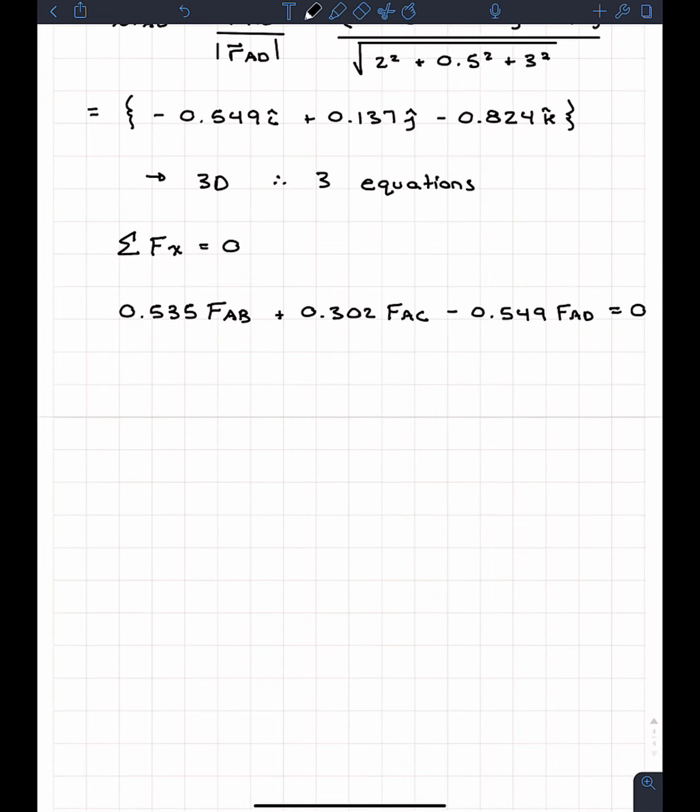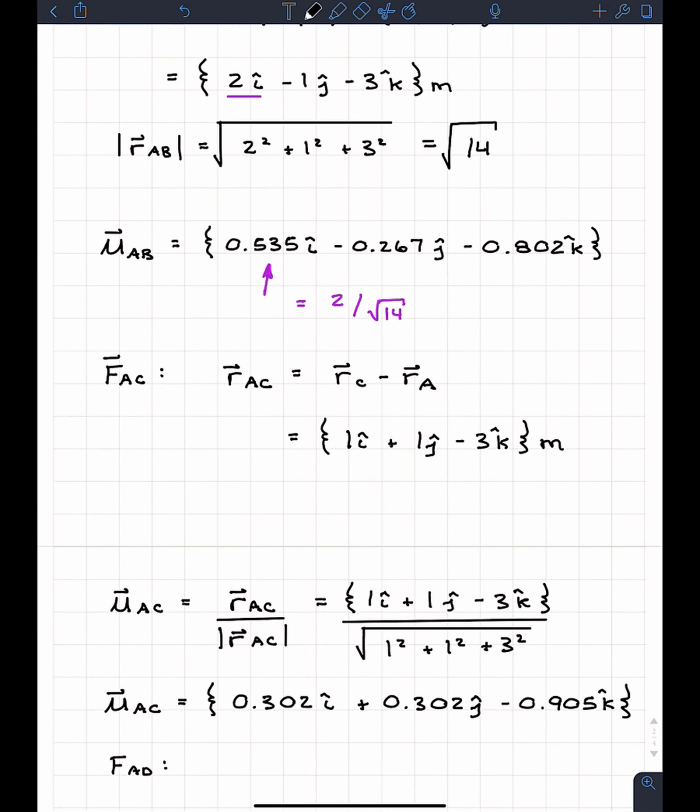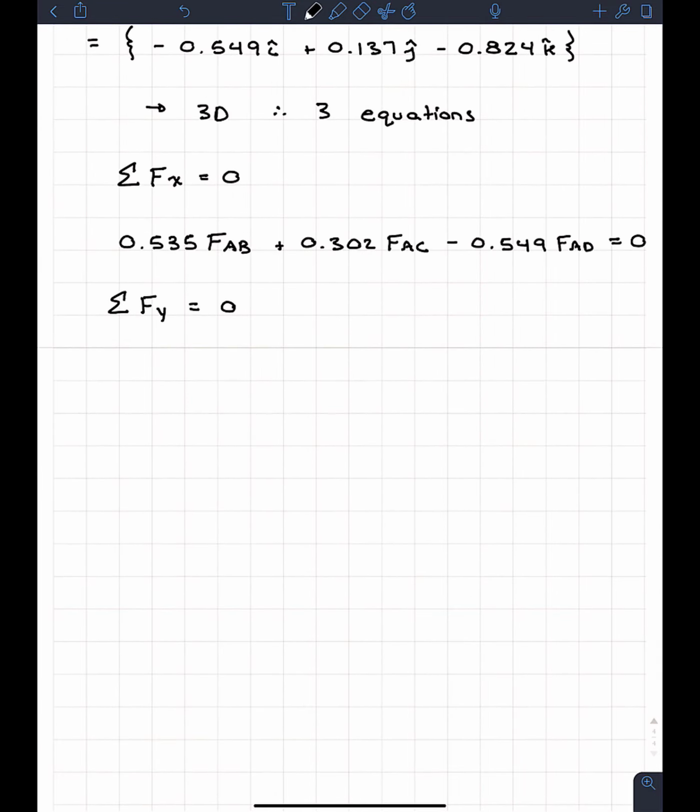All right, so I can do the same thing moving on. I go to the sum of the forces in the y. Instead of looking at the i component, now I'm going to look at all the j components. I look at UAB, it has negative 0.267 for j. So negative 0.267, and that's in the j direction, but we're multiplying it by the force it has to do with, so it's going to be FAB.